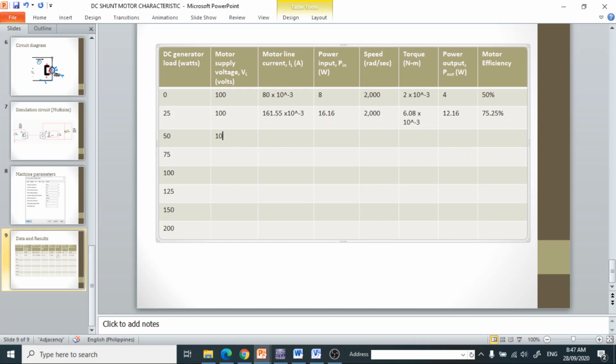You may have the supply voltage fixed at 100, while the other data may or may not vary. So you use the software to simulate, and then later on do the graphing of the characteristic of the permanent magnet DC motor.